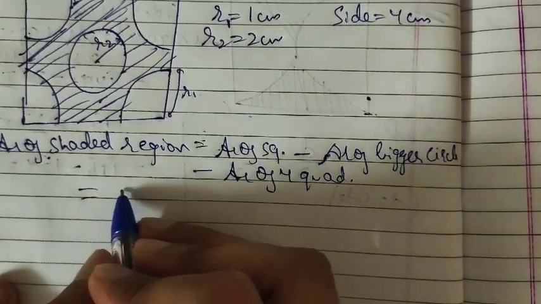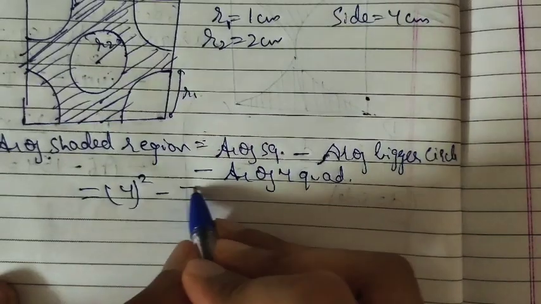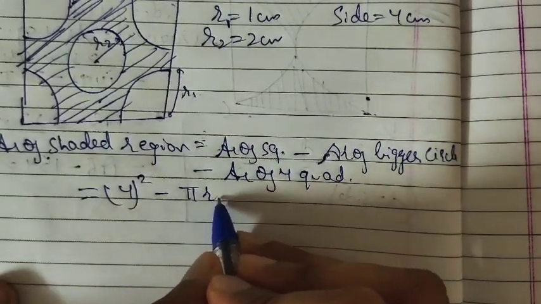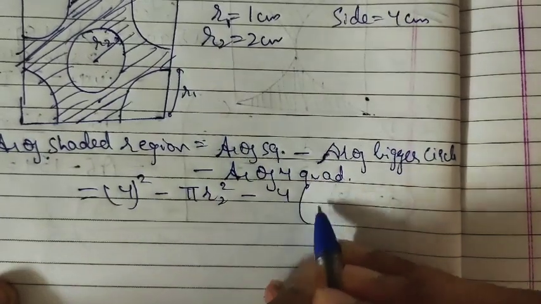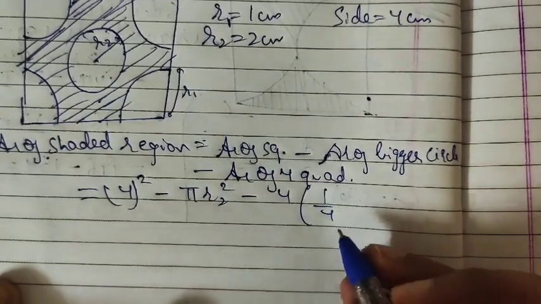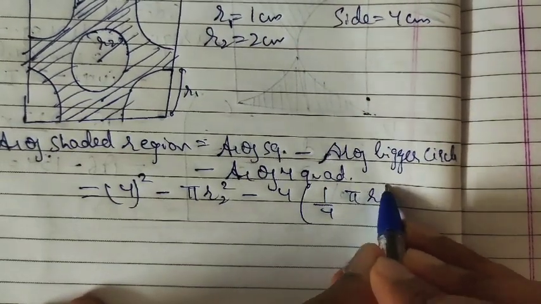So area of square is side square, 4 square, minus area of bigger circle pi r2 square minus 4 bracket 1 by 4.